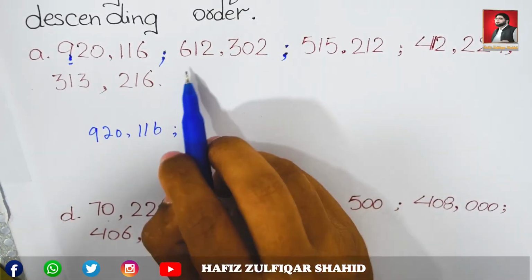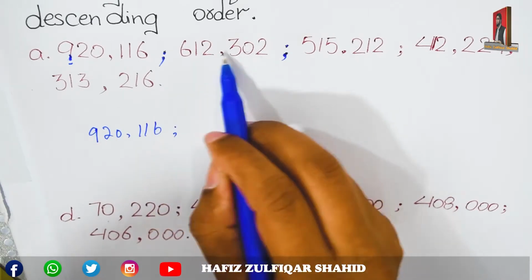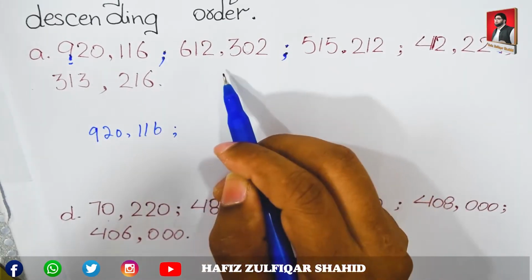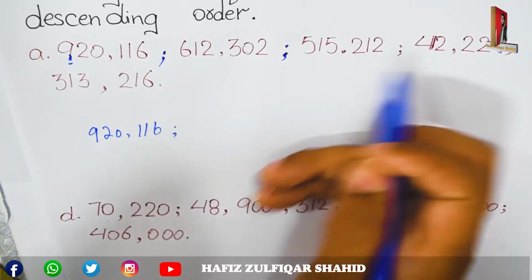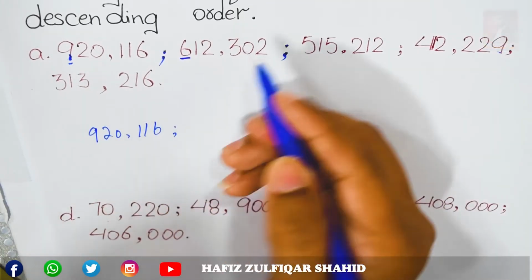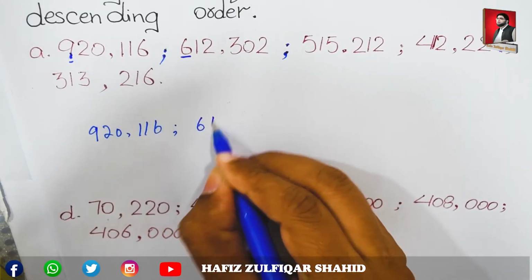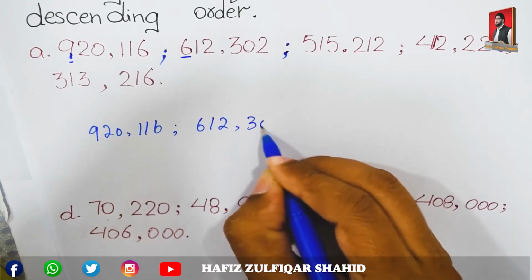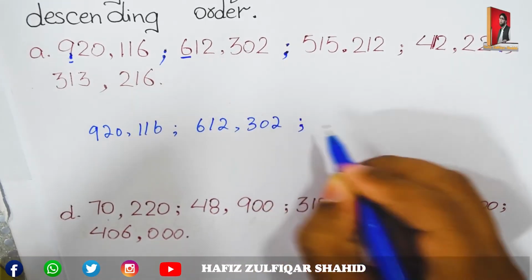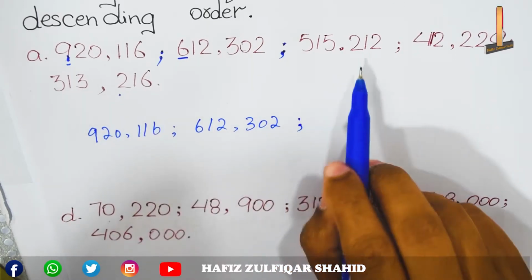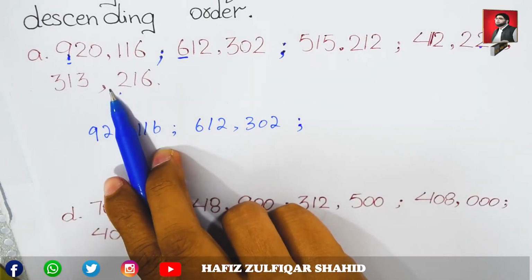Secondly, now compare the rest 4 numbers, and according to remaining 4 numbers, 612 million is greater. Write it down. Now compare the remaining 3 values, and which value is greater from these 3.